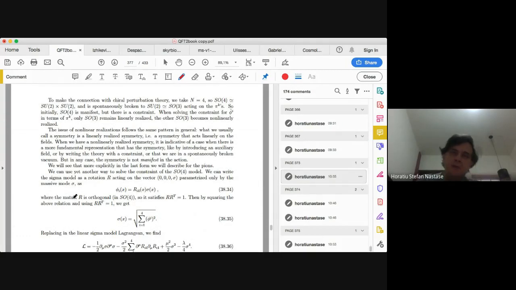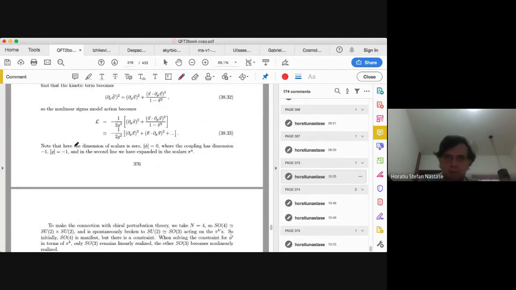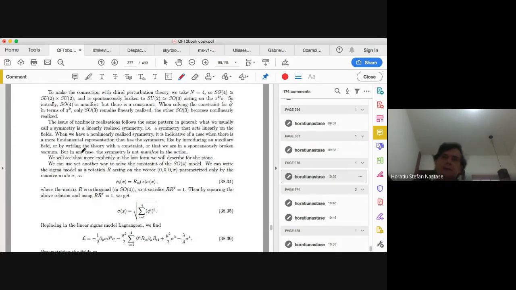To make the connection with chiral perturbation theory, we must take n equal to 4, so that we have SO4, which is isomorphic to SO2 cross SO2 in terms of generators, and it's spontaneously broken to SO3, isomorphic to SU2 in terms of generators, and these act on the pions.